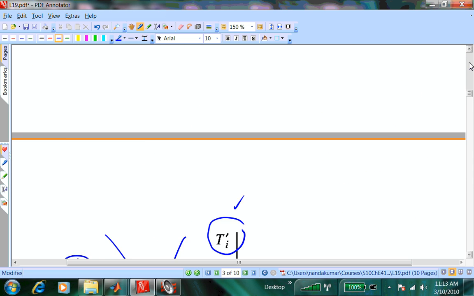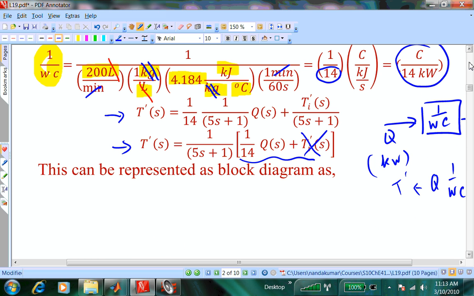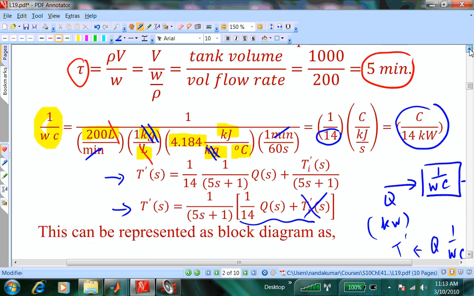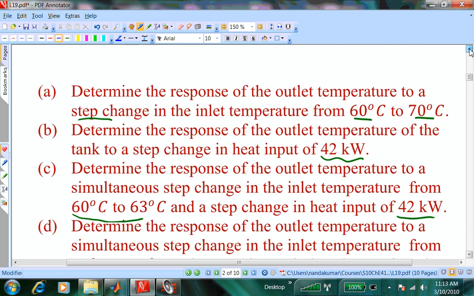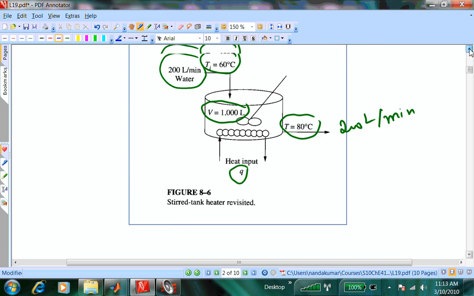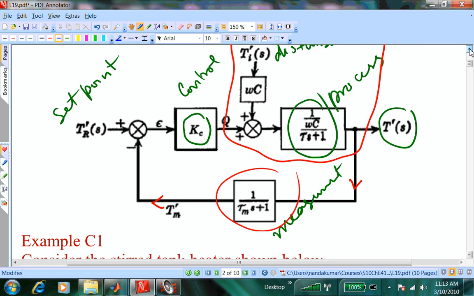That equation is the equation that we started off with. That is the transfer function for the block that I identified. So this whole problem is about this big block here, which you see in red.